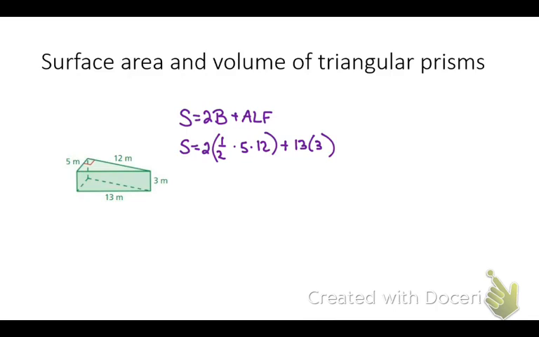Now I need to find the area of my lateral face on the left side. What two numbers would I multiply to find the area of that tiny rectangle? What would I multiply, guys? 5 times 3, right? Because this is 5, and then 3 is my width.